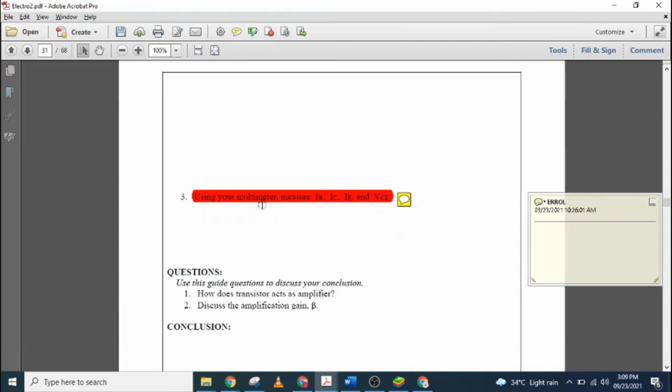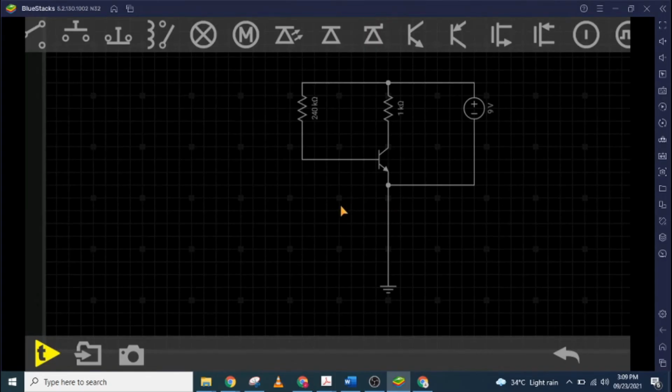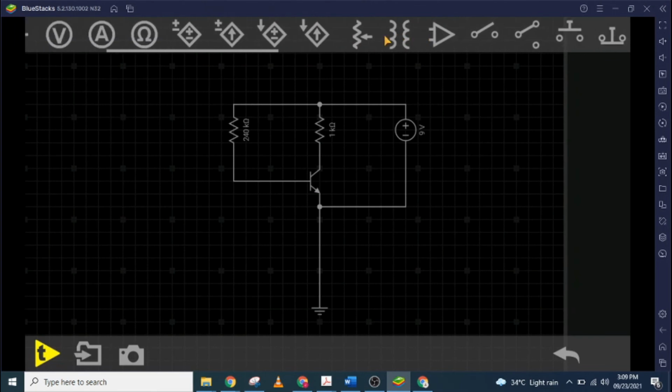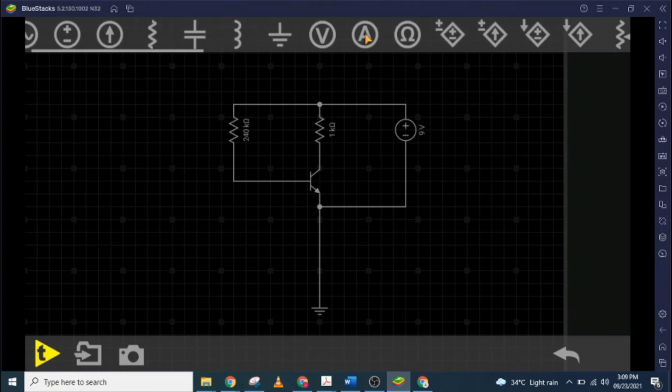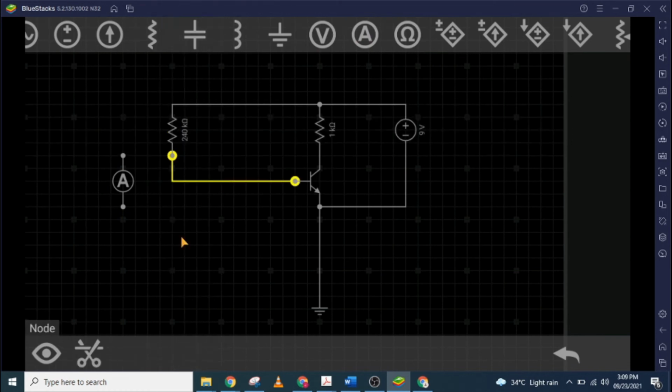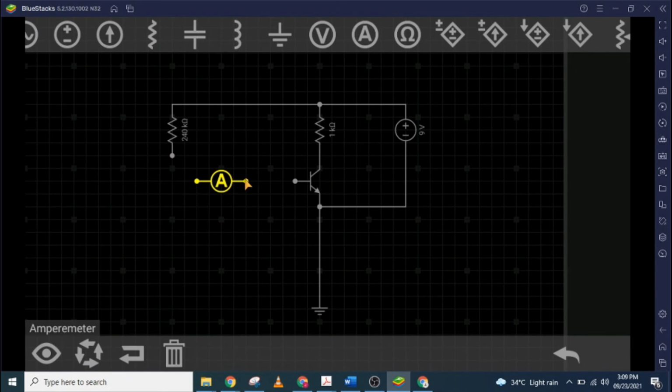Instead, punta tayo dun sa ating simulation and then we will measure IB, IC, IE, and VCE. Okay? Para magawa natin yan, mag-i-insert tayo dito ng mga measuring devices. Itong ammeter. Okay, so insert tayo dito sa base. Cut natin yan. We insert the ammeter here.